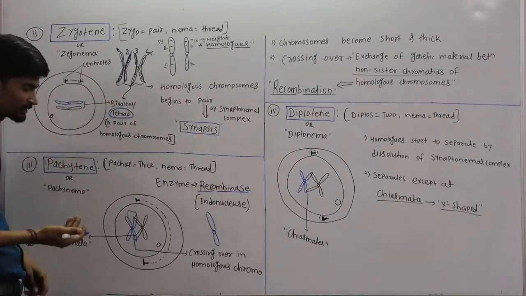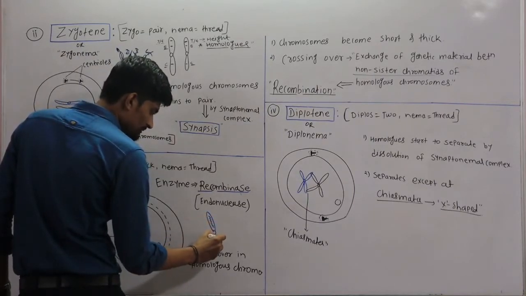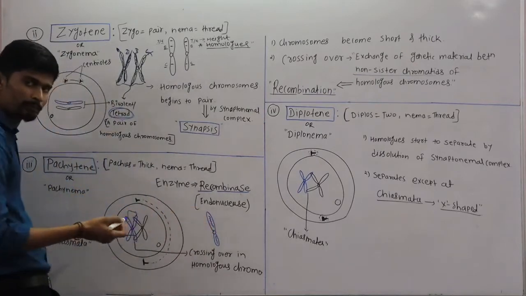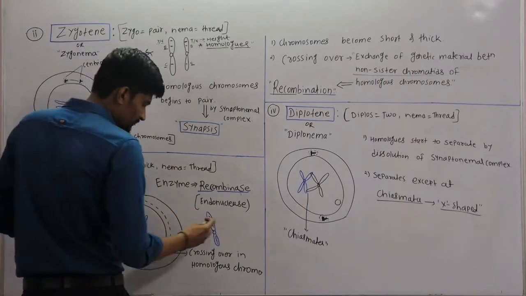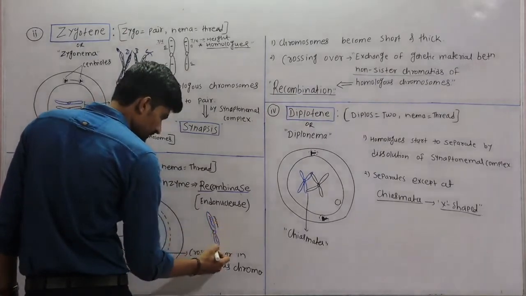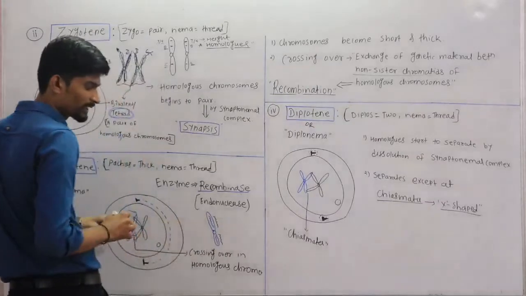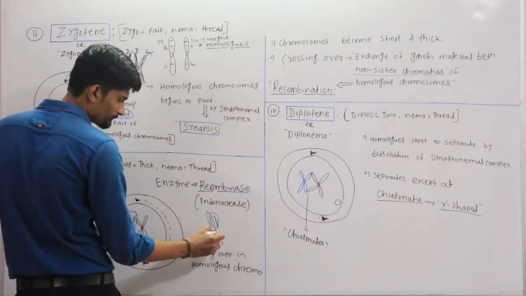As the duplication takes place, suppose here is a DNA and this also has DNA, because the chromosome is made up of DNA. So what happens? This DNA gets duplicated. Here it is also duplicated. So here is the formation of the new thread.